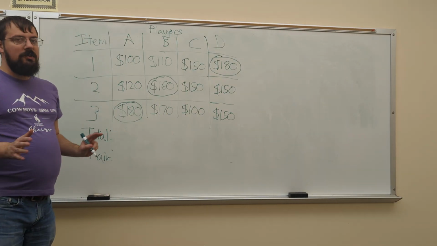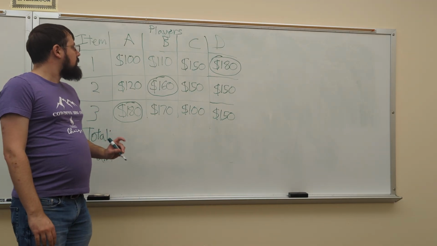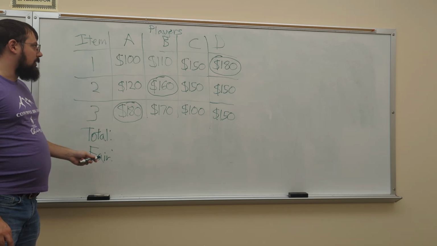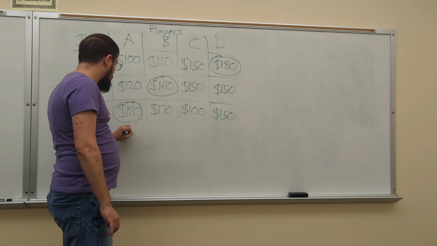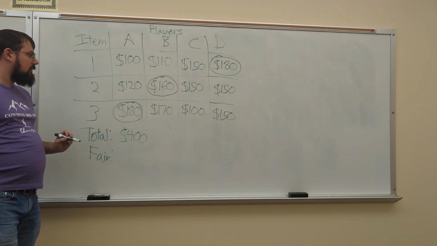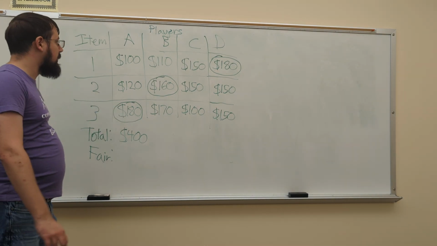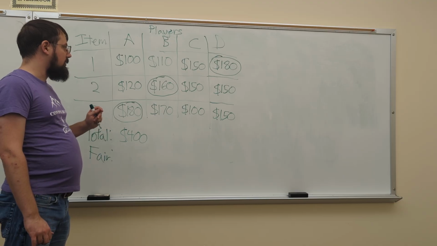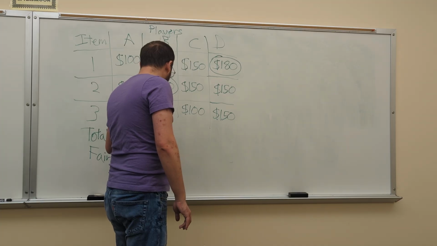So the next step is to figure out what is the dollar value of a fair share for each player. So for player A, the total value that they've assigned to all of the assets is $400. So 100 plus 120 plus 180. And then we're going to do the same thing. We're going to figure out the total bid for all of the other players. So for player B, we have 110 plus 160 plus 170. So that's going to give us 440.